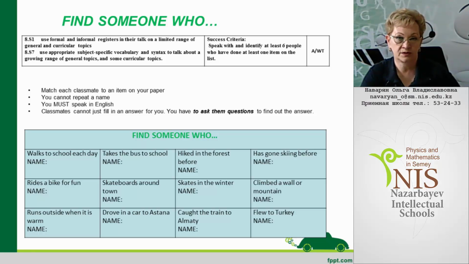For success criteria, speak with and identify at least 6 people who have done at least one item on the list. You can see here some suggestions. Match each classmate, you cannot repeat the name, you must speak in English, and ask them questions to find the answer.